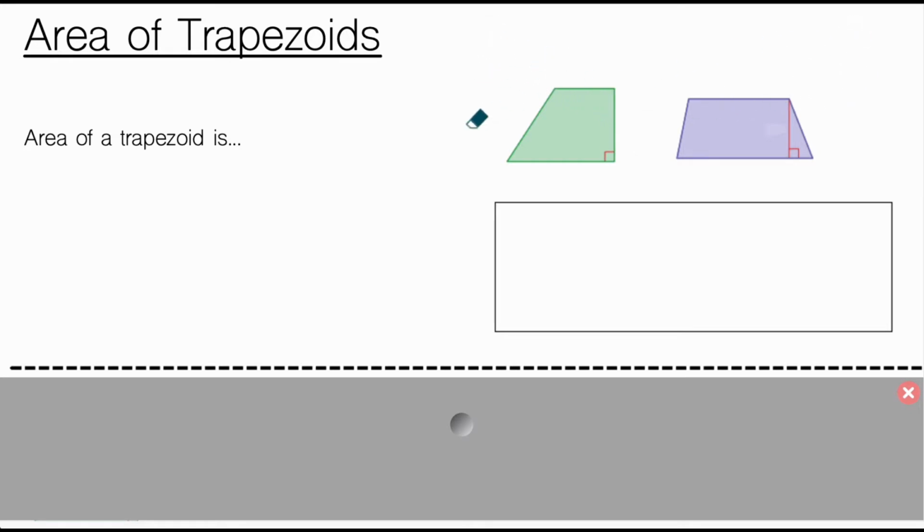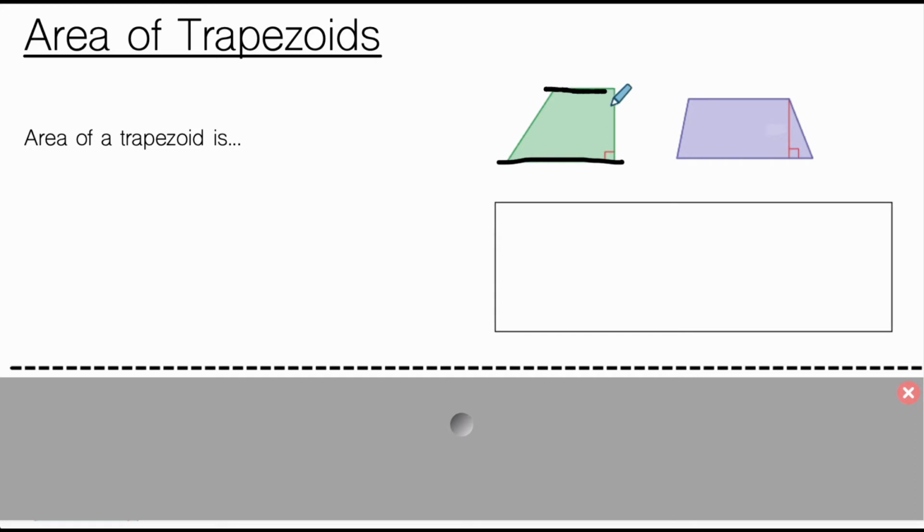So before I get too ahead of myself, what is a trapezoid? Like, what are some defining characteristics? A trapezoid is a polygon that has one and only one pair of parallel sides. So you'll notice in this drawing of a trapezoid, the green one, there is one pair of parallel sides.